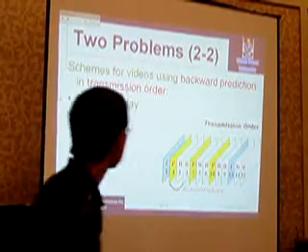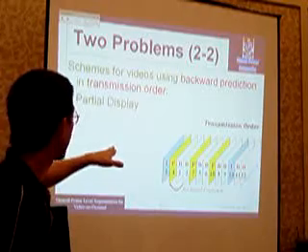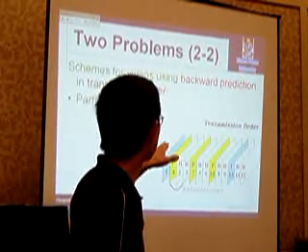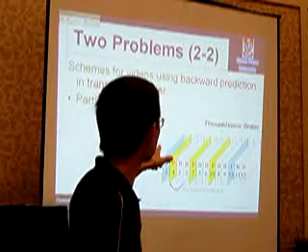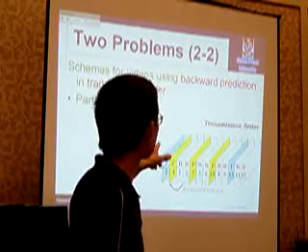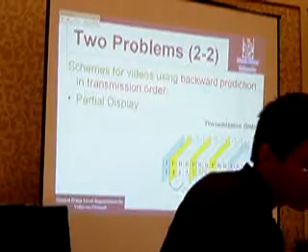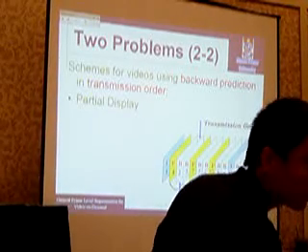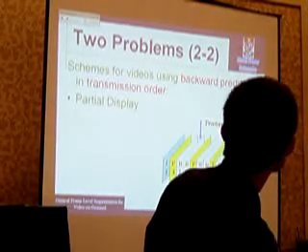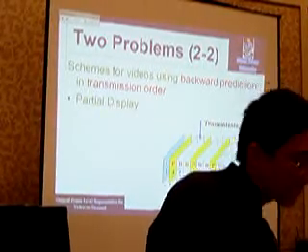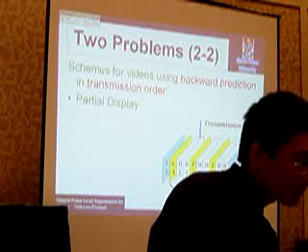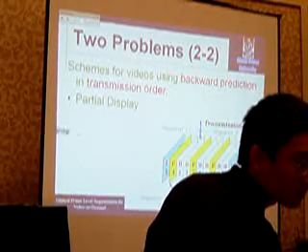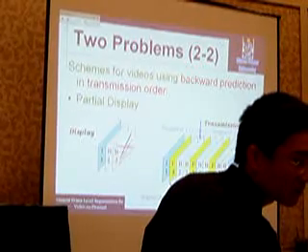Here we can see that the third frame, a B frame, should use the information of the fourth frame, that is the P frame here. And we use transmission order to segment the video. So what's the problem here?